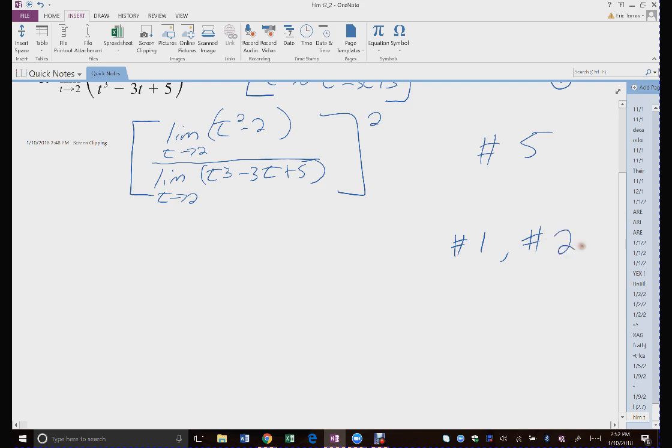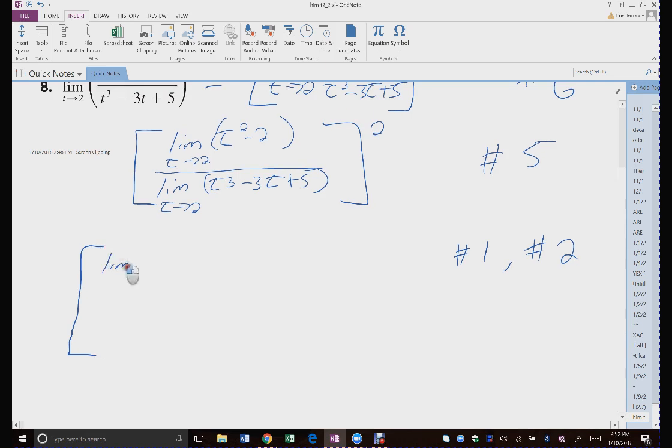That allows me to rewrite this as the limit as t goes to 2 of t squared minus the limit as t goes to 2 of 2.